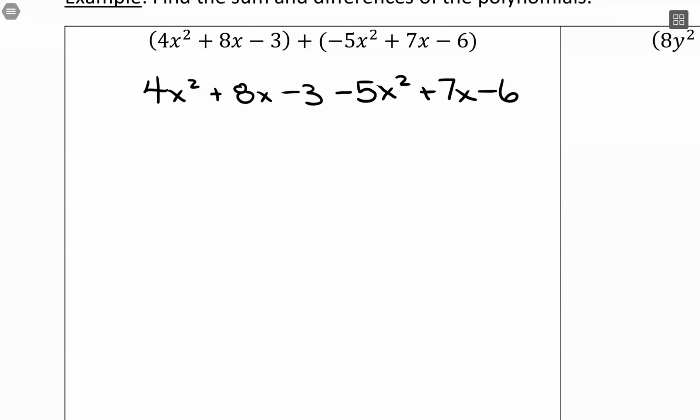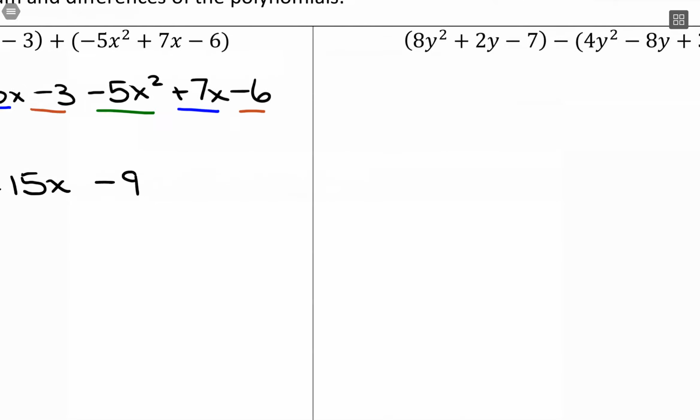And then we just start combining like terms. So I have this 4x squared and negative 5x squared. So 4 minus 5 is a negative 1, so we'll have negative x squared. We have a positive 8x and a positive 7x, so that'll be a positive 15x. And then we have a negative 3 and a negative 6 for negative 9. So for addition, drop the parentheses and then combine like terms.